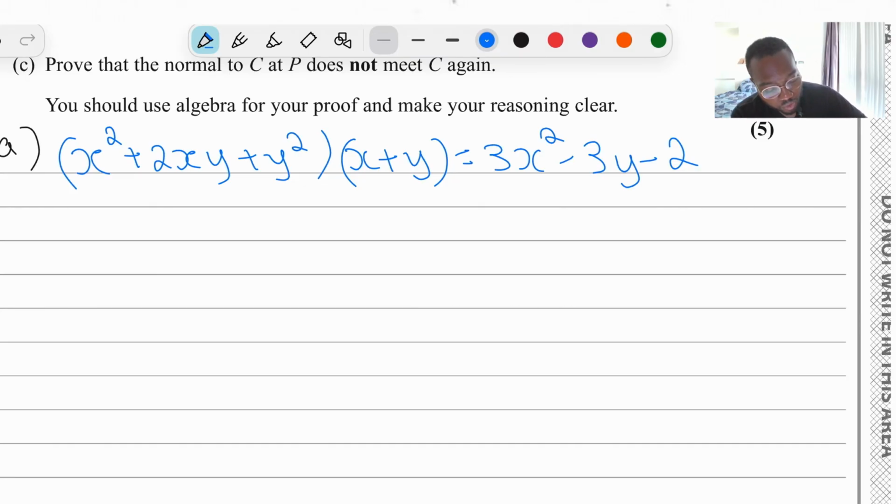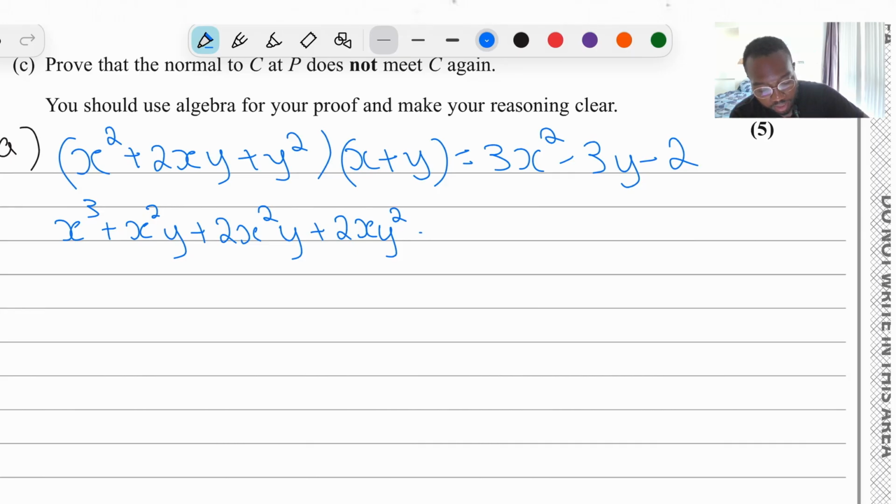So if we do this, we get x squared, I'll do the x squared, so we get x cubed. And then x squared times y is an x squared y. Then we get plus a 2x squared y. And then plus a 2xy squared.